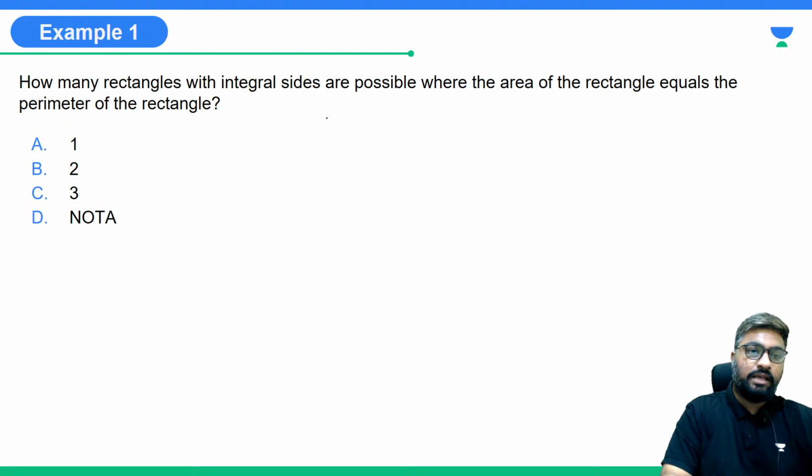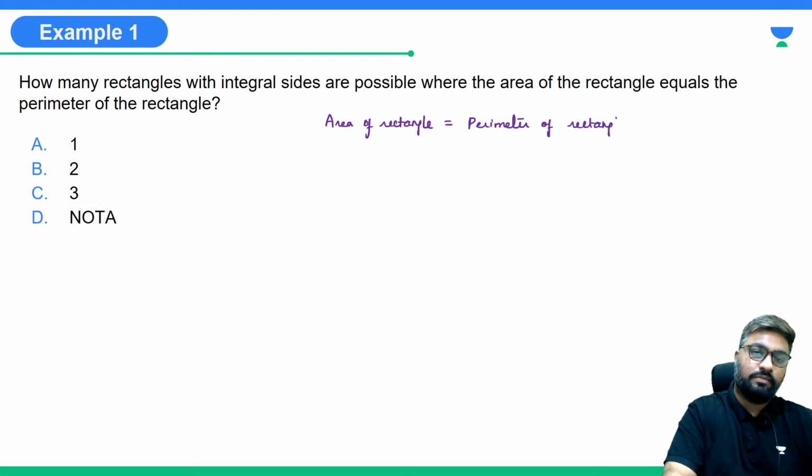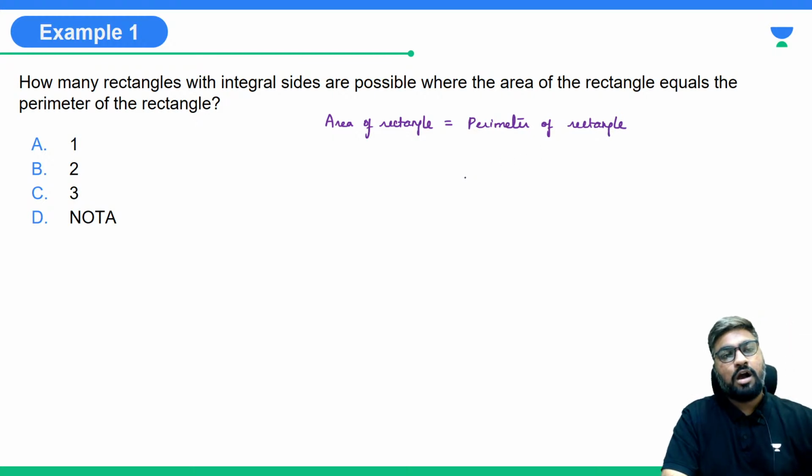Condition says area of the rectangle should be equal to the perimeter of the rectangle. How many rectangles are possible, they're asking.